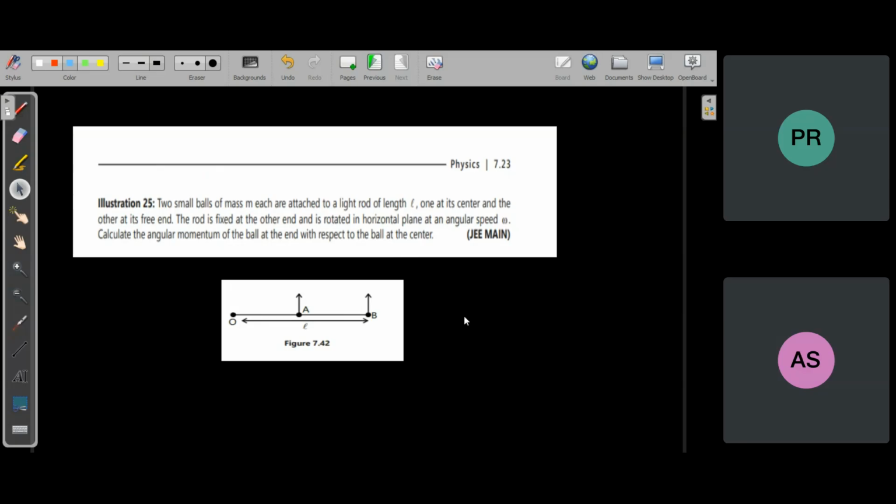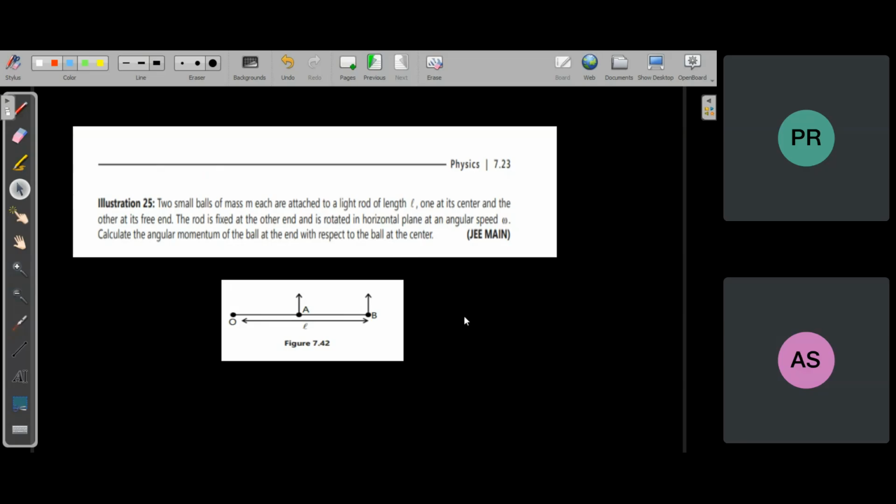So he's asking to find just the relative angular momentum. Okay, this is the figure. We can find the angular momentum of the ball.